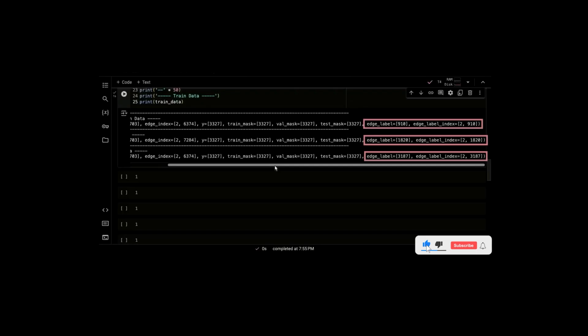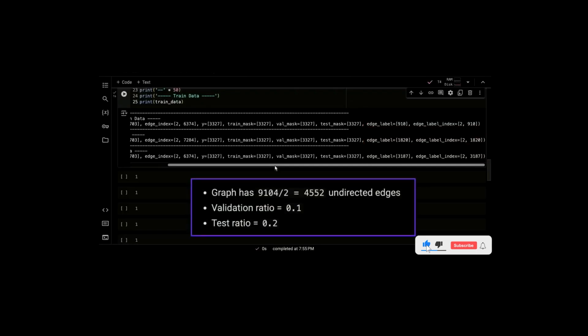We've seen earlier that the Citeseer dataset is an undirected graph and it has a total of 9,104 edges. It turns out that each edge of this 9,104 is a directed edge, but between every pair of nodes, there are 2 edges, one in each direction, and this is what makes the graph undirected.